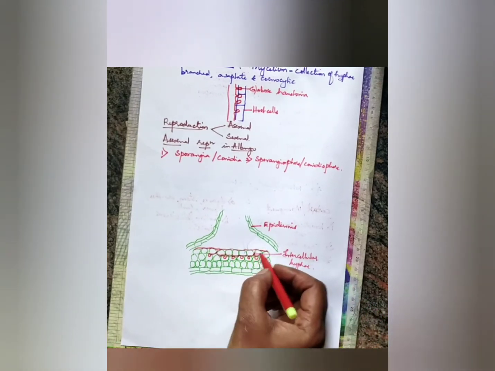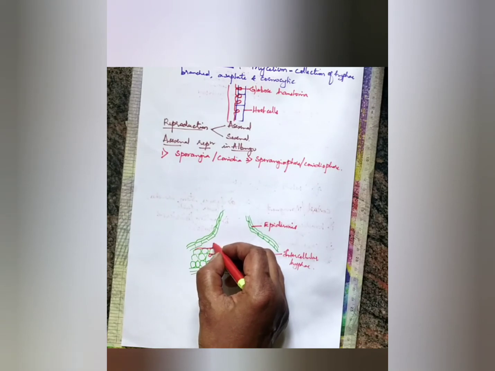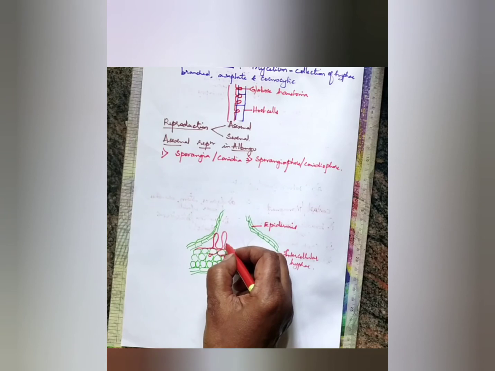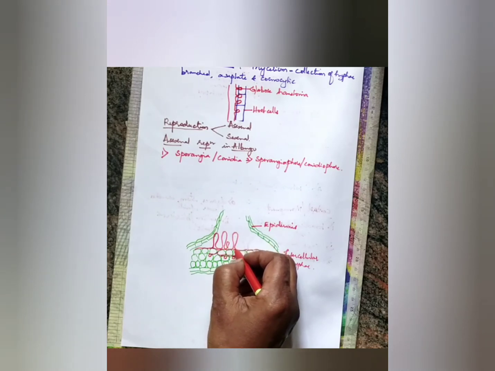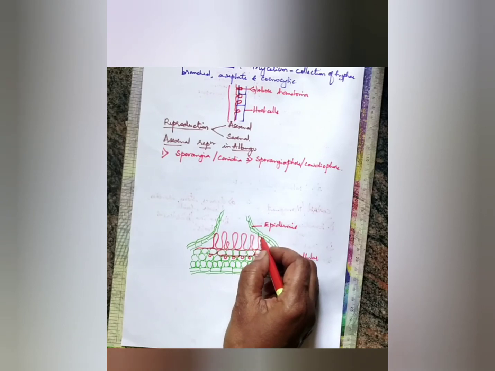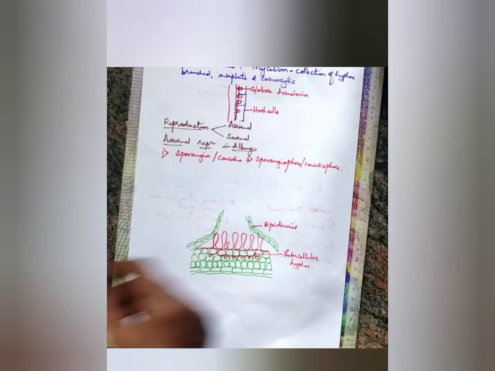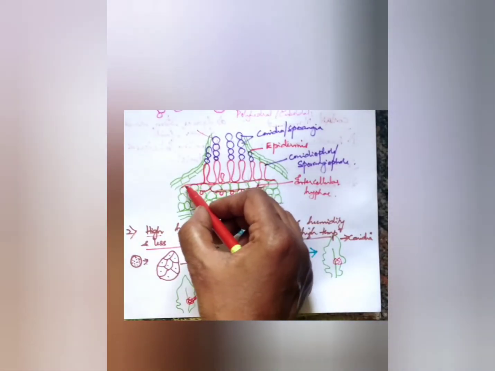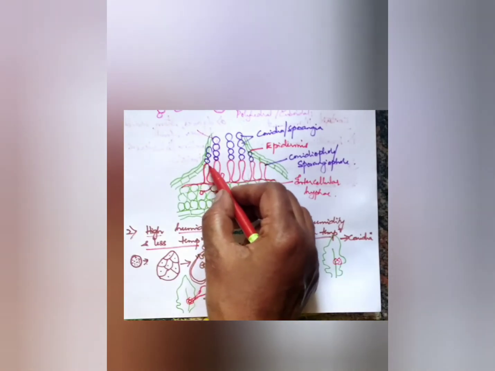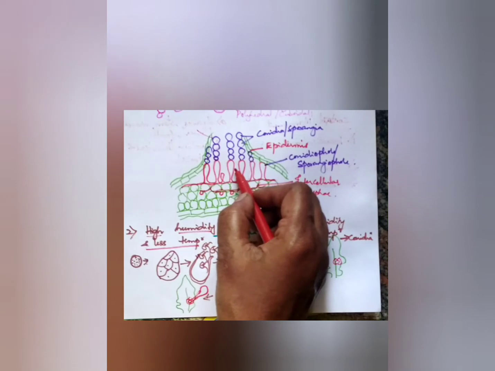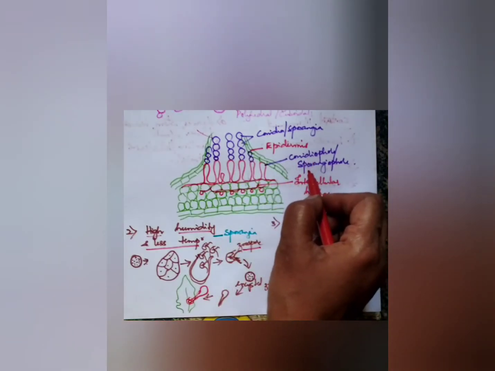When the hyphae matures, it produces elongated, unbranched, club-shaped structures, which you call the conidiophores or the sporangiophores, just below the upper epidermis.